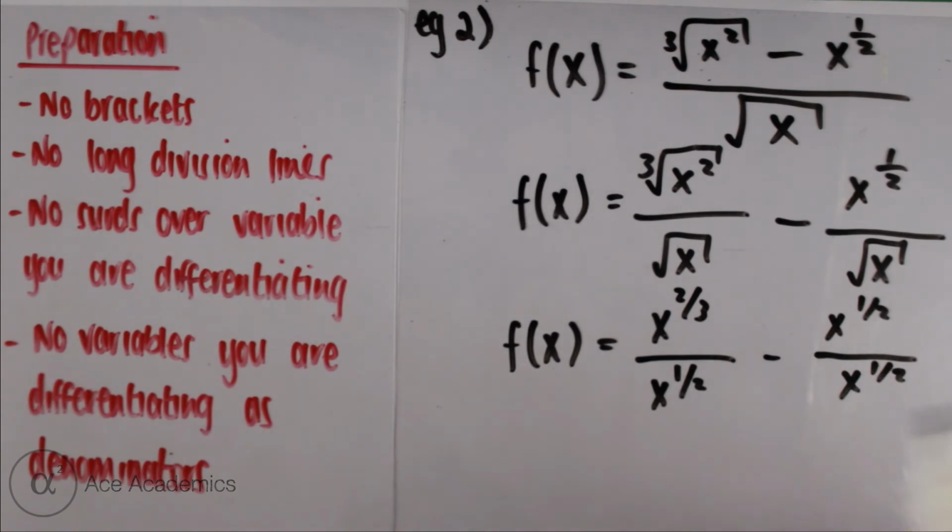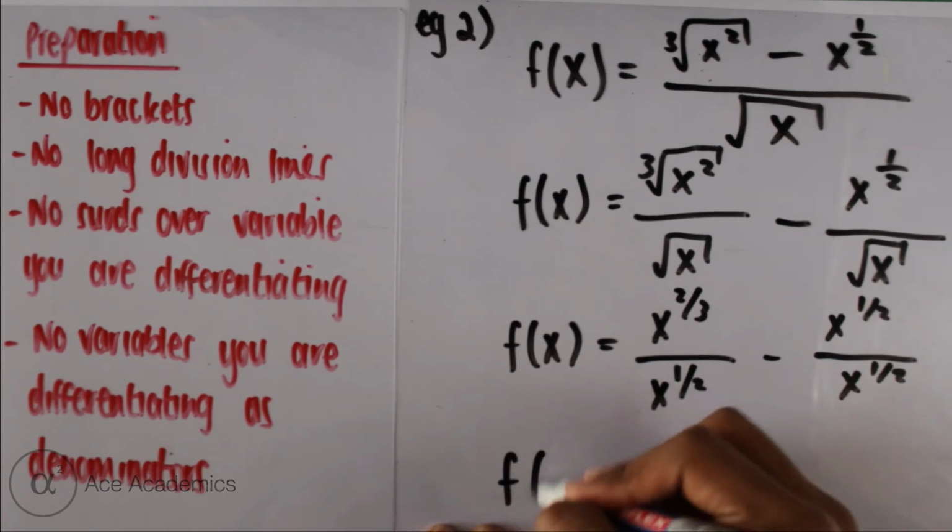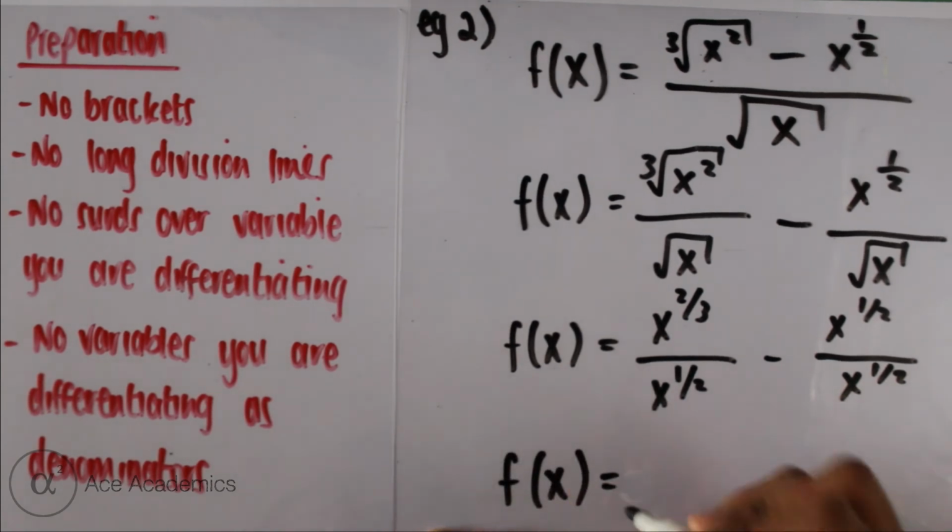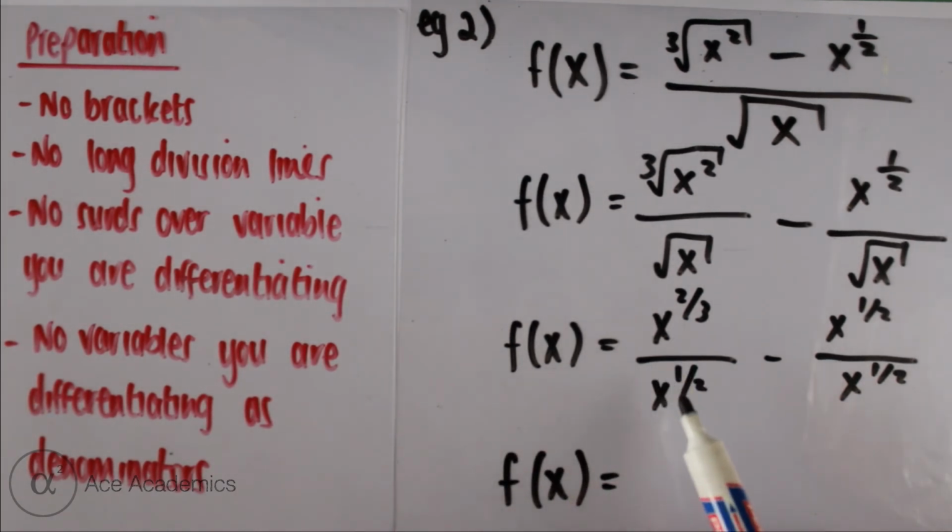Now let's go further in the preparation. No variables you're differentiating as denominators. And this is a problem in this step here, because we have x's as denominators. So let's get rid of that. So f of x is equal to... Now, when we're dividing and we have the same bases, we can subtract the exponents as per the laws of exponents.